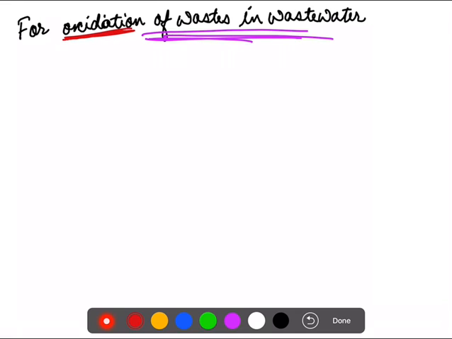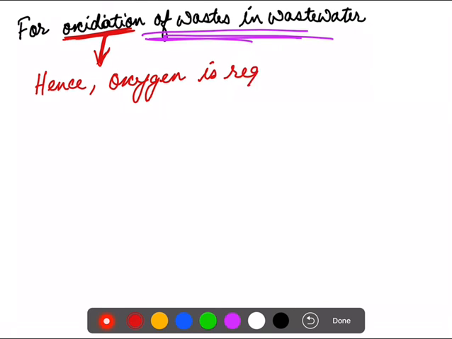I have written the word oxidation, hence oxygen is required. So for oxidation of waste in wastewater, oxygen is required.